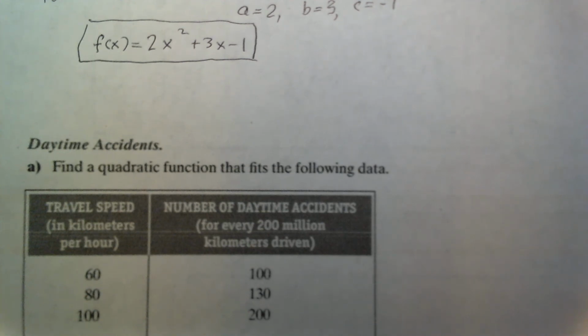In other words, we have 3600a plus 60b plus c equals 100. And we have 6400a plus 80b plus c equals 130.